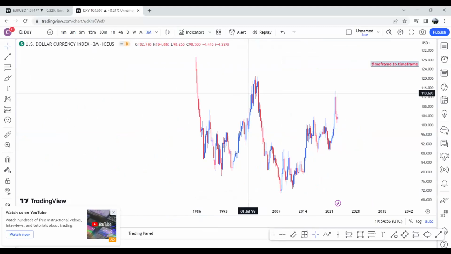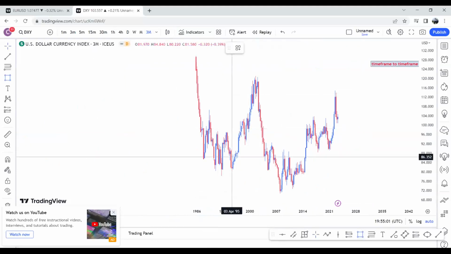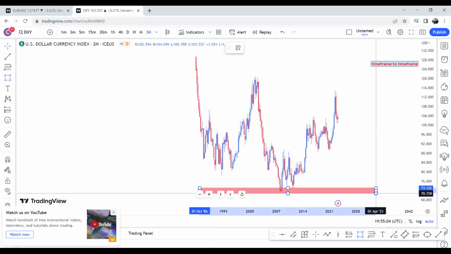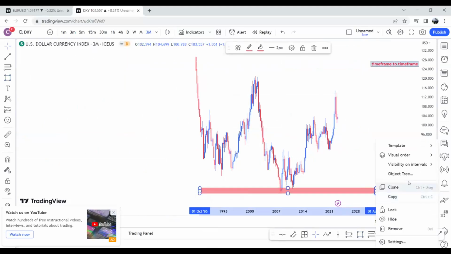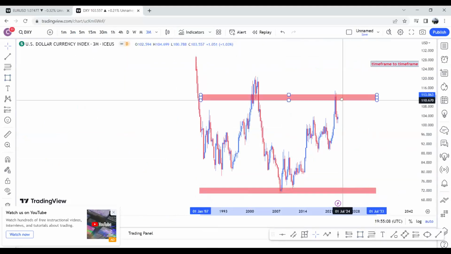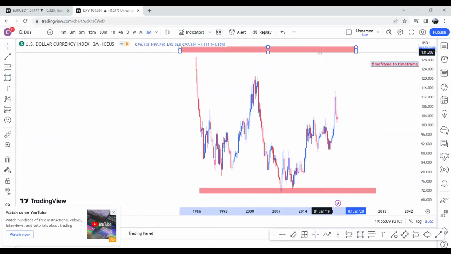Now, support is floor. Resistance is roof.